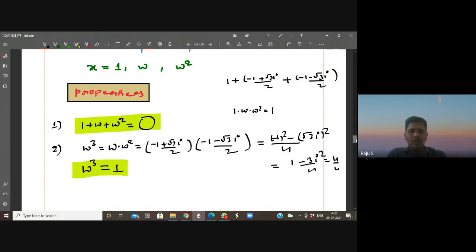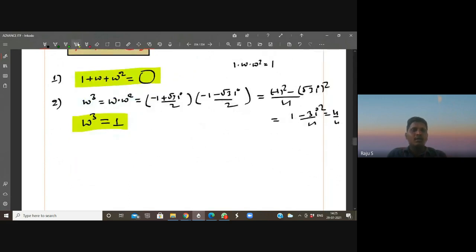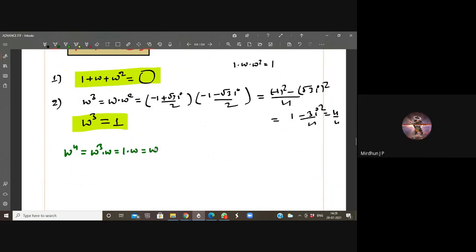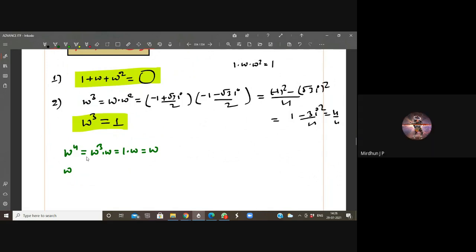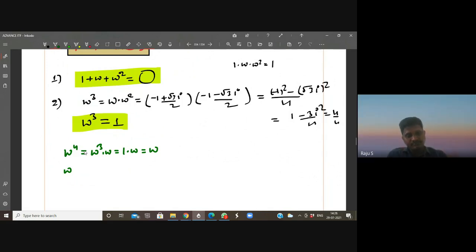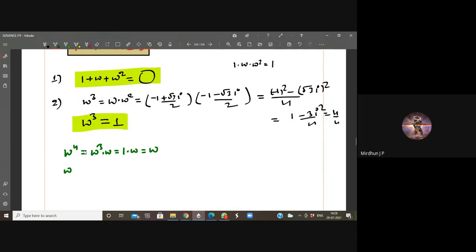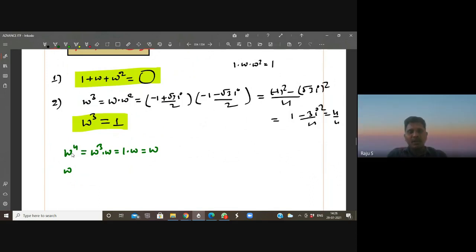When omega cube becomes 1, can you tell me what is omega power 4?